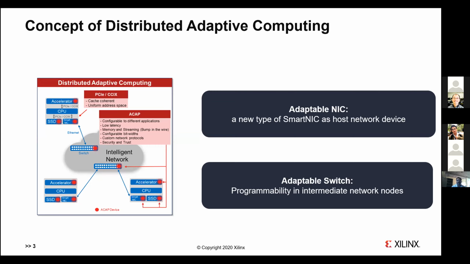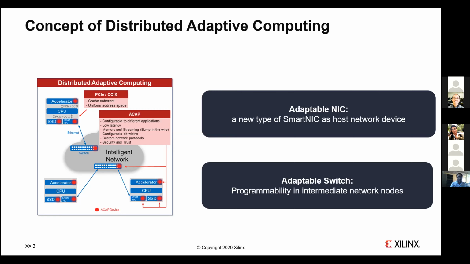As I listed them on the right, the first place is the NIC location. So we propose the adaptable NIC, which is a new type of smart NIC.